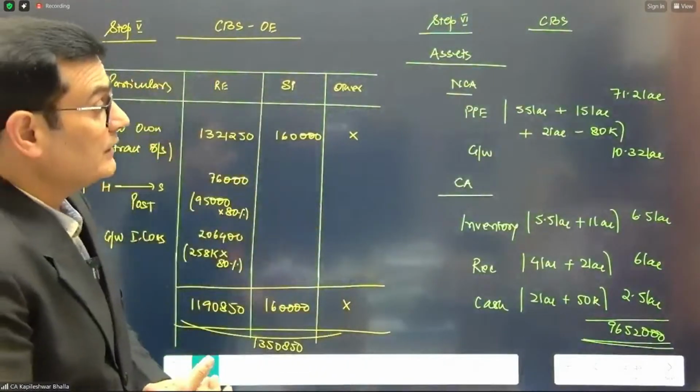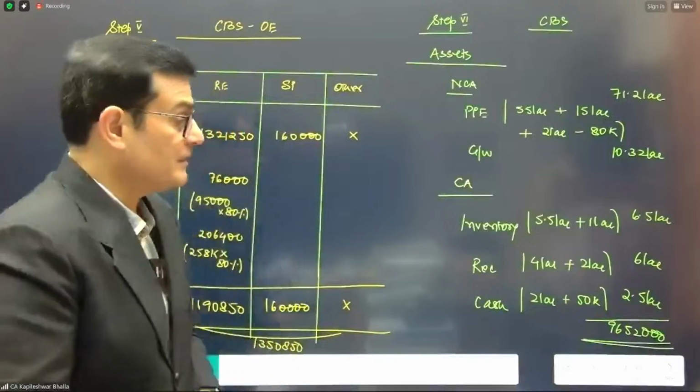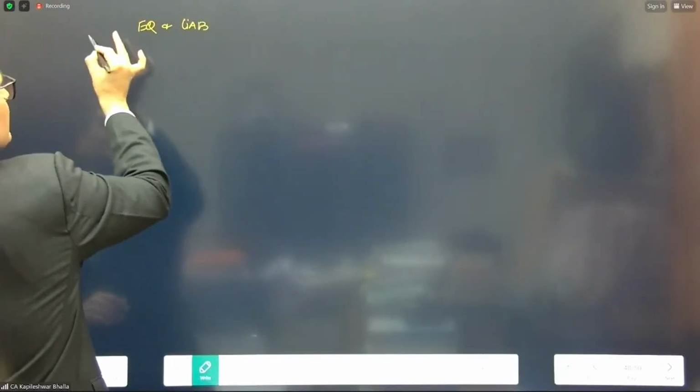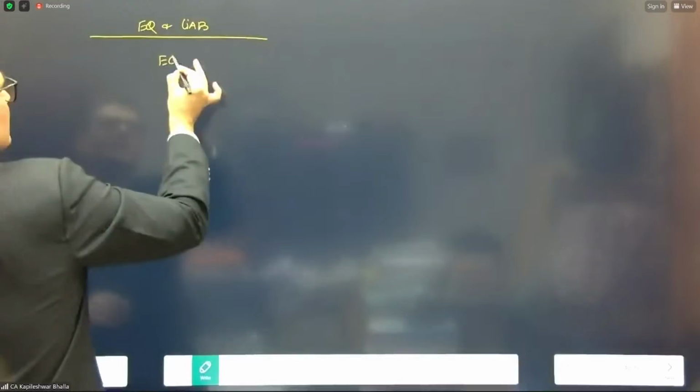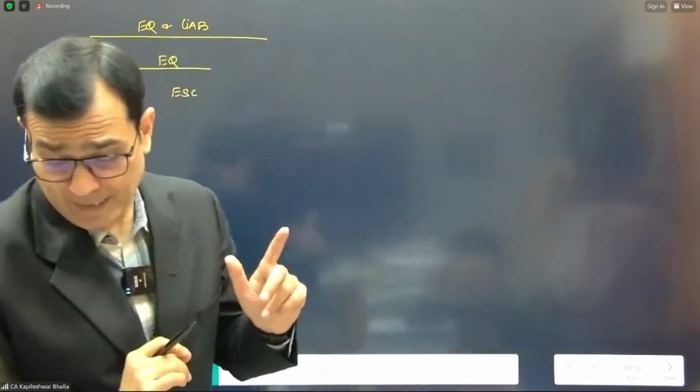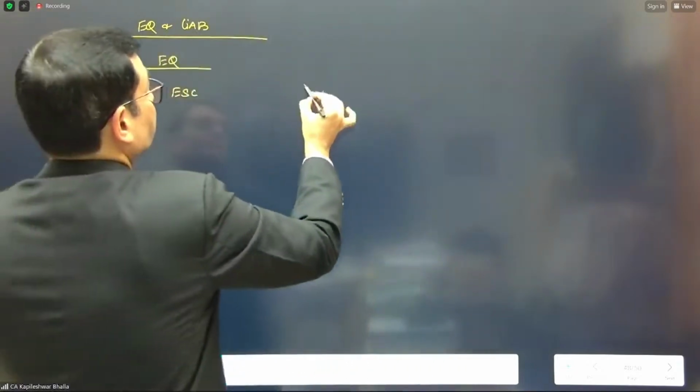Now let's go to the equity and the liability side as well. So in terms of equity and the liability side, let's first consider the equity share capital from the extract balance sheet. Again, the moment you pick up this figure, you need to go to the extract balance sheet in this particular case. I think it was 22 lakhs, if I rightly remember.